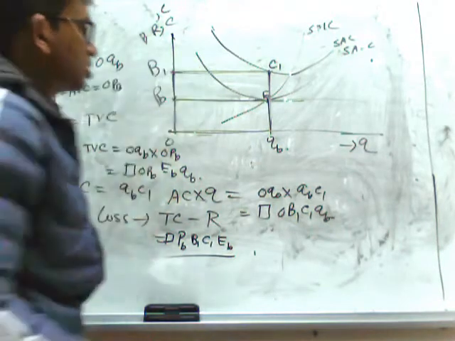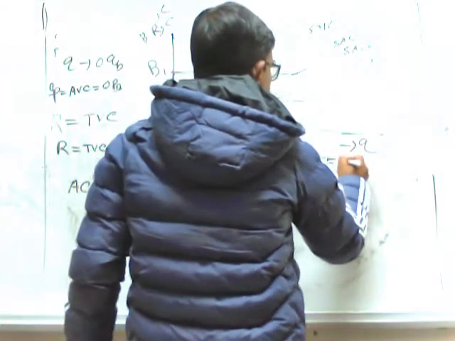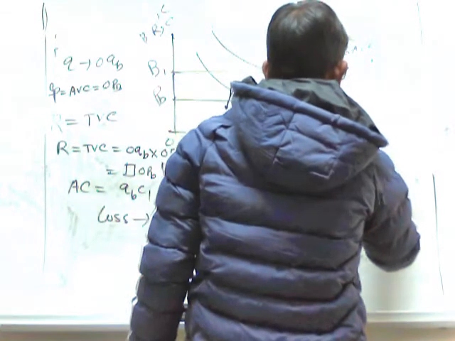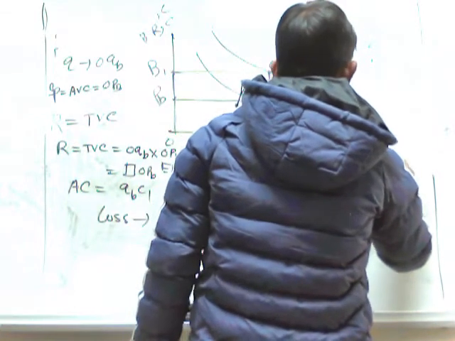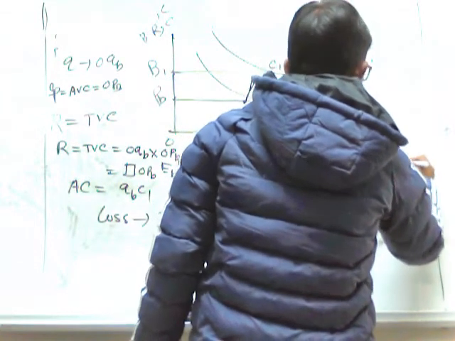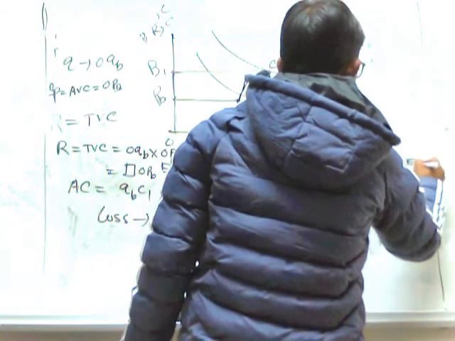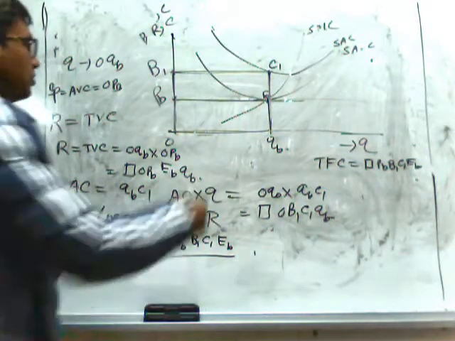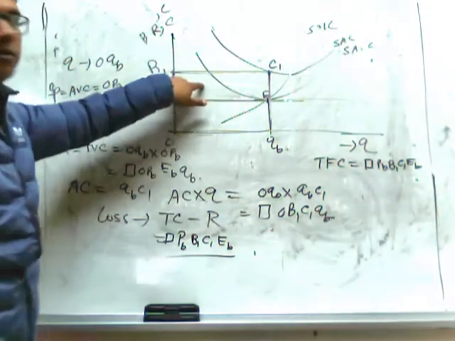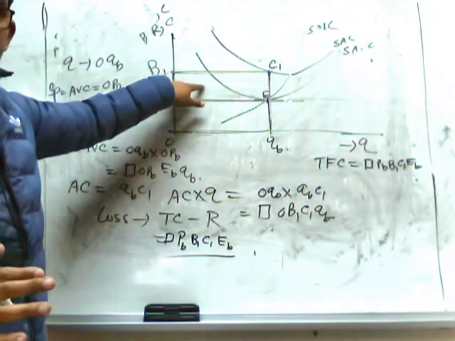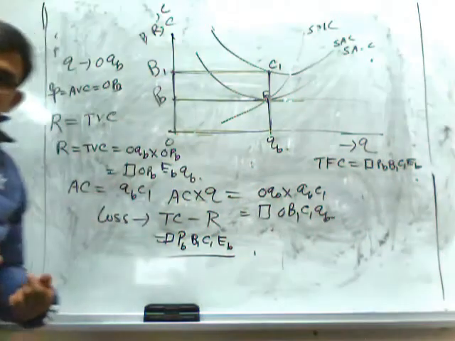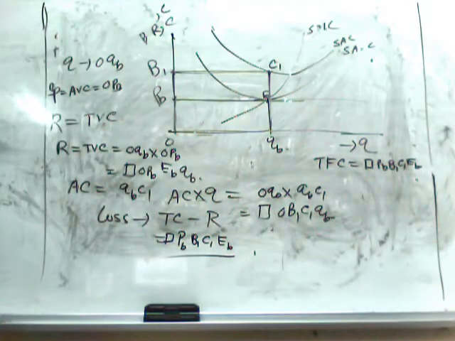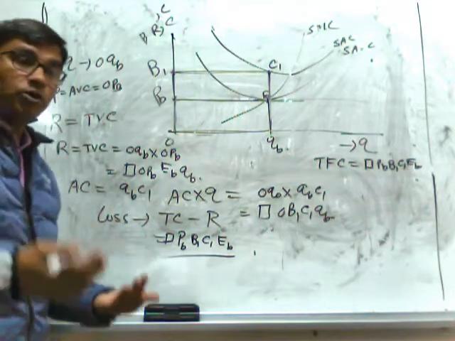So in this case, total fixed cost is also equal to the area of the rectangle PB B1 C1 EB. So if the firm continues the production, its loss will be represented by the area of the rectangle. If the firm leaves the market, the loss will be represented by the area of the same rectangle. So in both cases, loss will be the same.